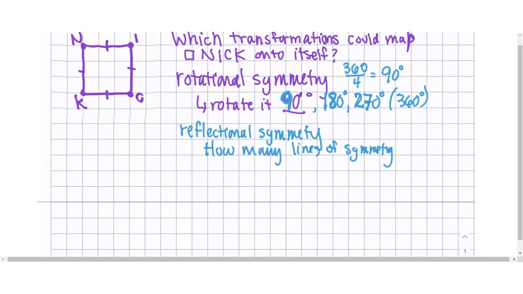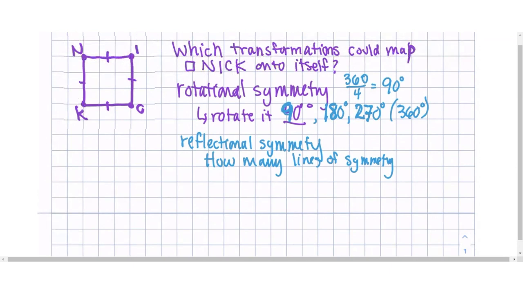How many lines of symmetry can you see? 4. So let's see. Dylan, describe one of the lines of symmetry that you see. NK. That actually can't be a line of symmetry because you can't fold it across NK and get it to look like itself.